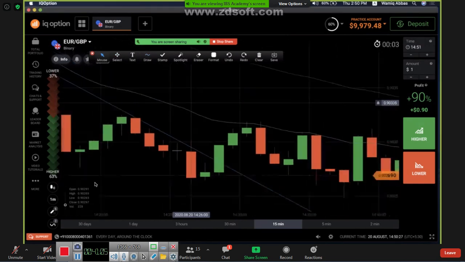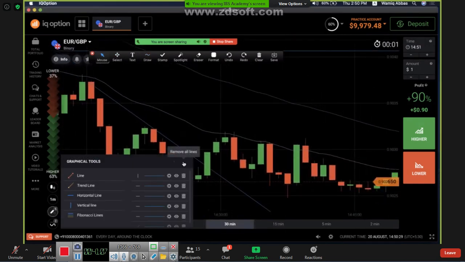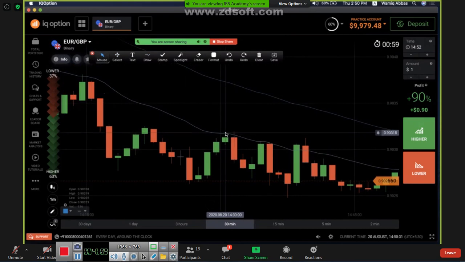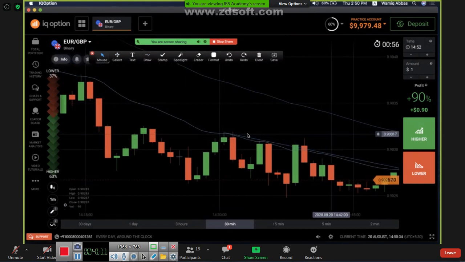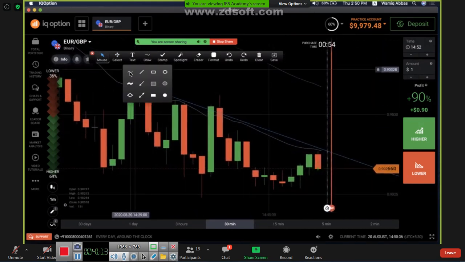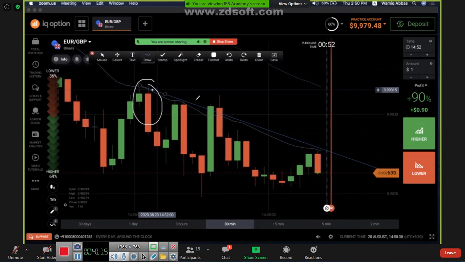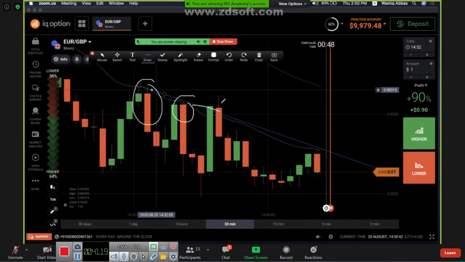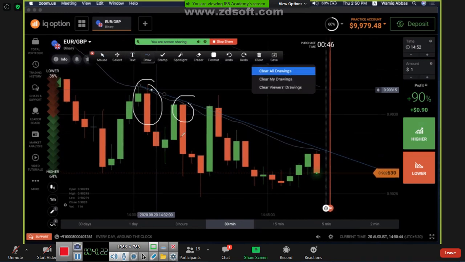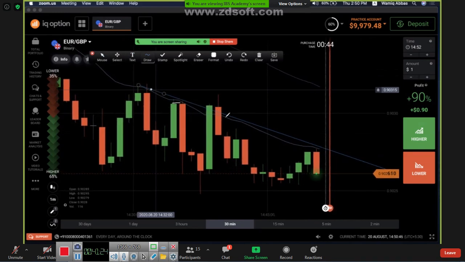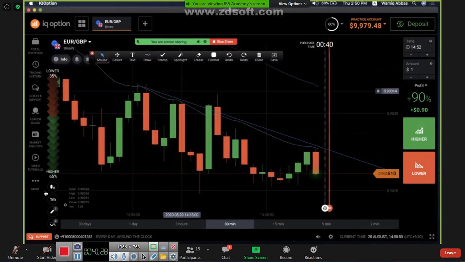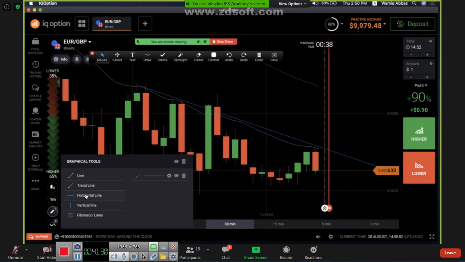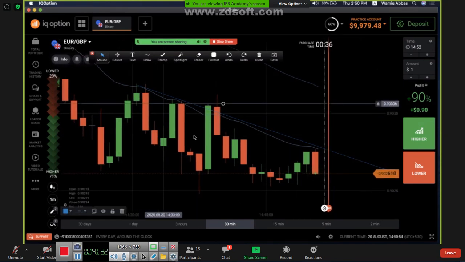Suppose you again have this. You connect these two entry points. First entry point is here, second entry point is here. Next time when the price comes and closes near this trend line, and moreover, at the same point, you have a dynamic SNR. Am I right, guys? And at the same point, I also have my previous resistance line, correct?